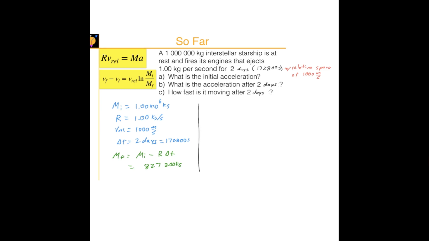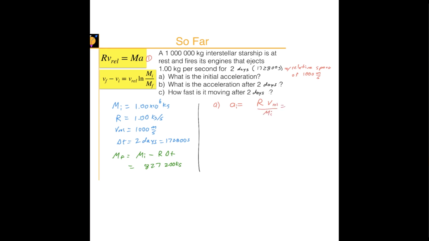Let's look at A. What is the initial acceleration? So we're going to use equation 1 here. Solve equation 1 for the acceleration. So the initial acceleration is going to be r, the rate at which we're spending fuel, times V relative, divided by the initial mass.